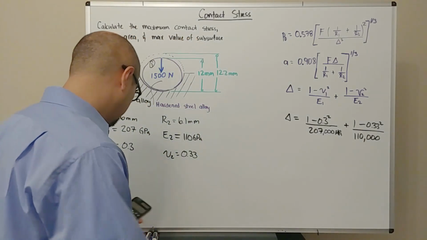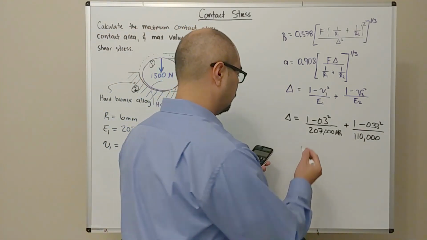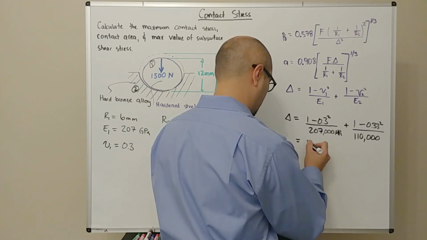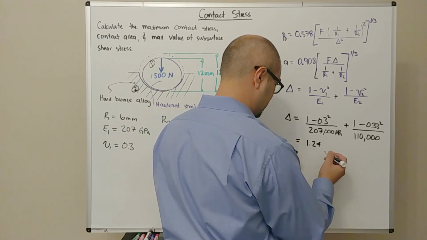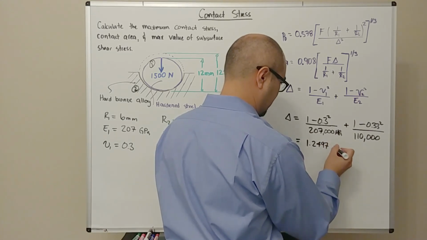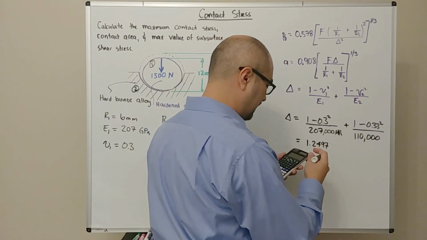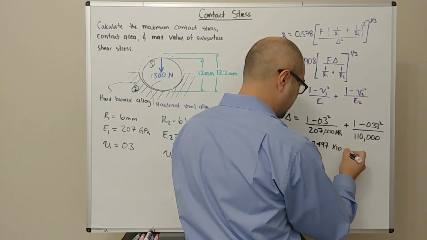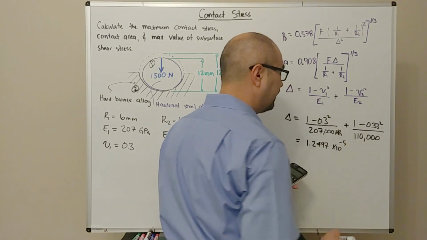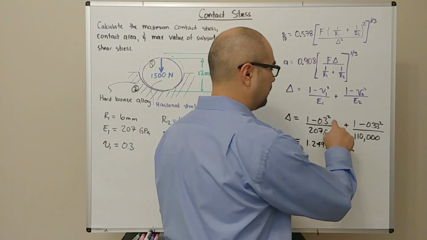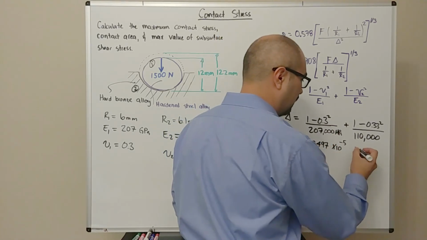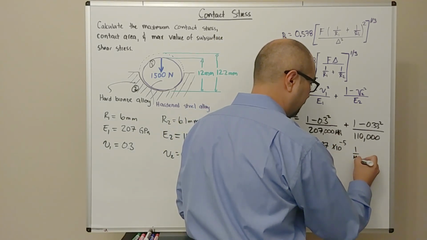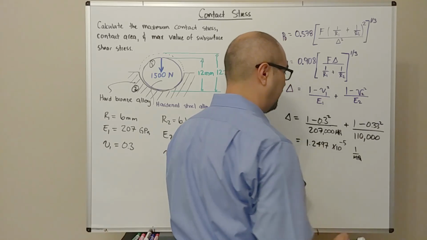This gives a value of 1.2497, and I'm going to keep those extra decimals. This is times 10 to the minus 5. And let's look at the units. The Poisson ratio is unitless. At the bottom we have megapascal, so this is 1 over megapascal.